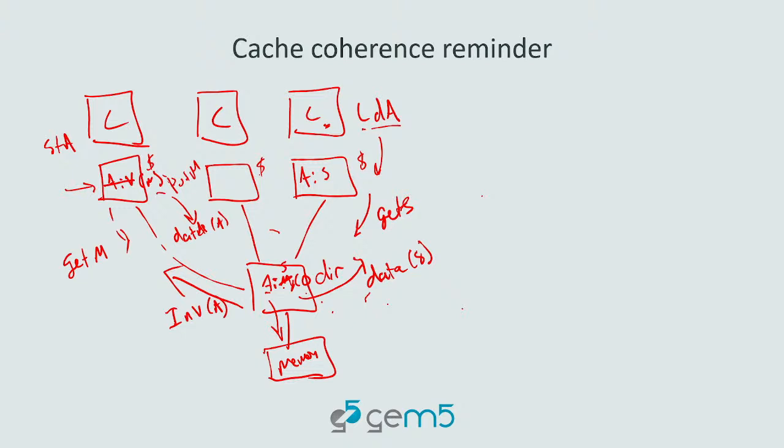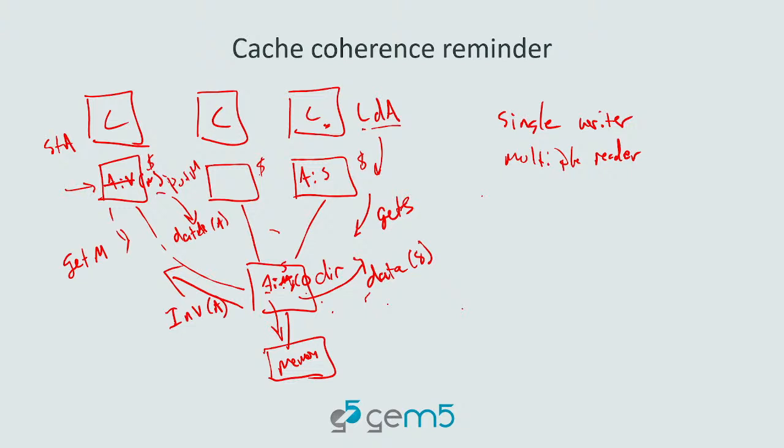Yeah? Is coherence the same as consistency? Coherence and consistency are different, subtly different. Coherence guarantees the single writer multiple reader invariant, which basically says that for a cache block at any time, there's only a single core that can be writing it, or one or more cores could be reading it.